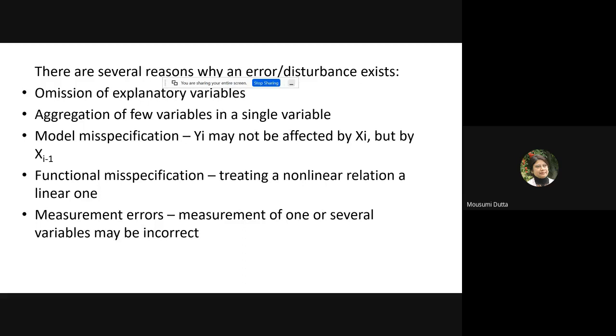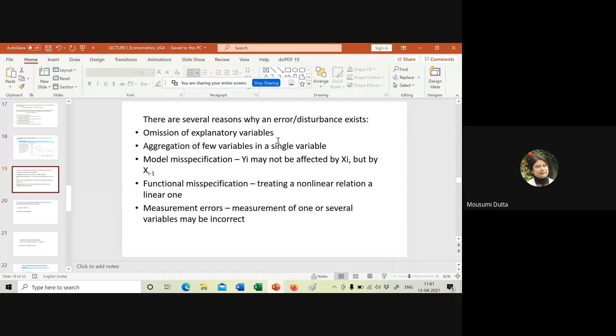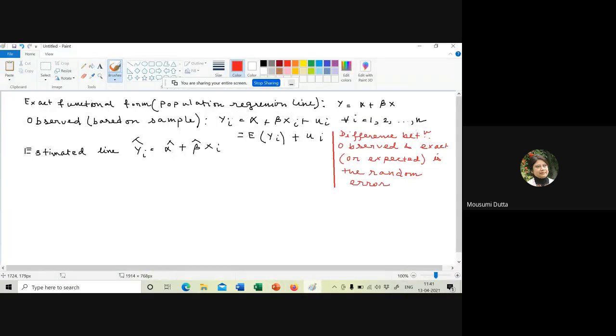Okay, and for that matter, while we present something which is based on the observations, we present the model as yi is equal to alpha plus beta xi plus ui, where ui is the random error component. Now, if we consider expectation of yi is equal to alpha plus beta xi.